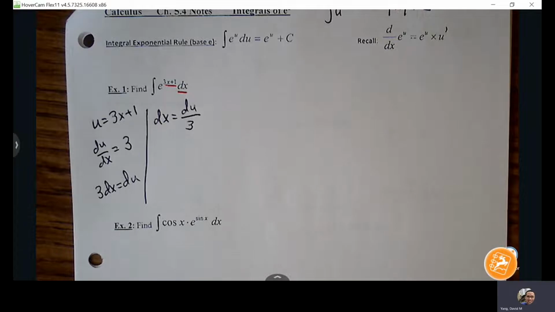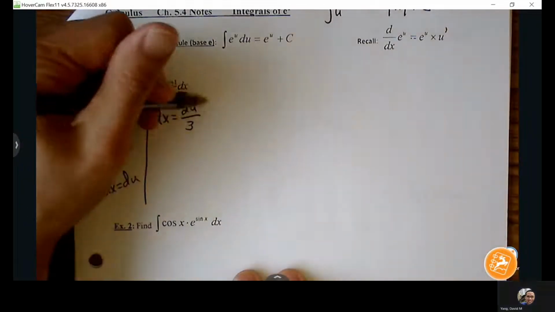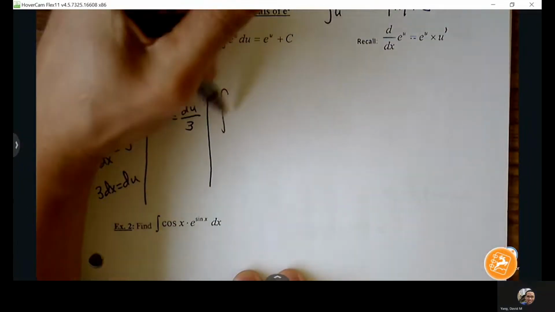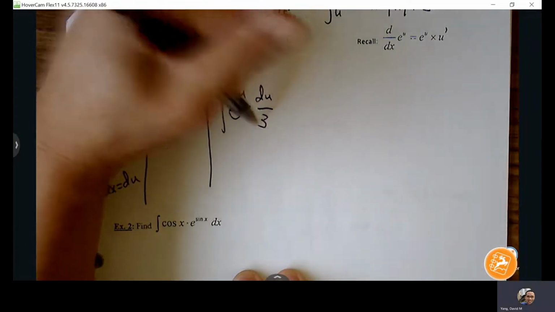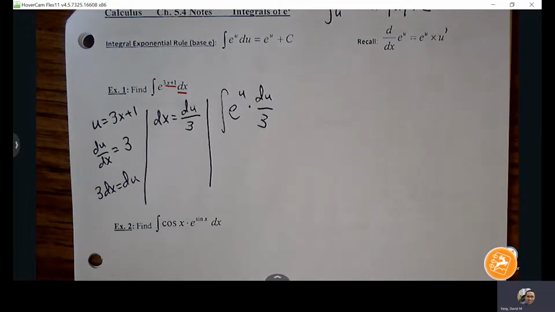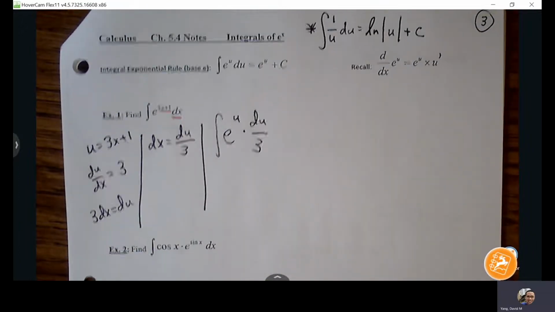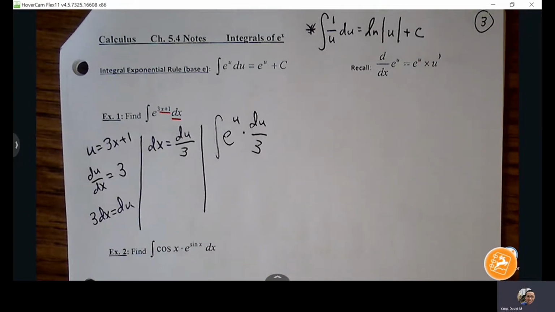Okay, dx equals du over 3. Make our substitutions. No x's remain, that's good. But there is a leftover what? Yeah, so you've got to push that 1/3 out in front.